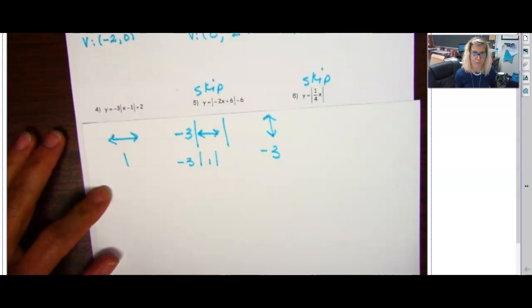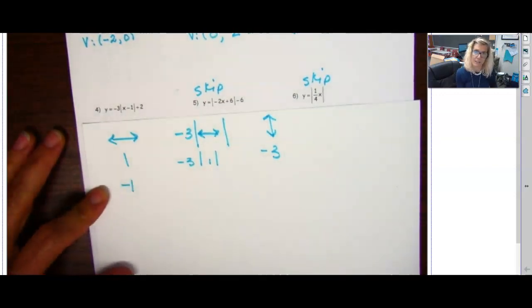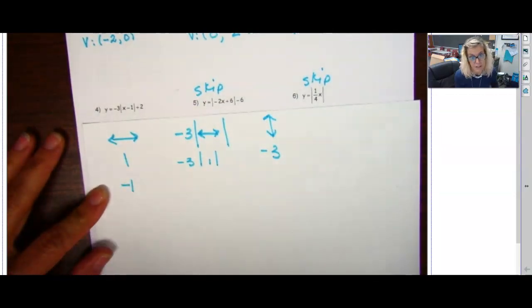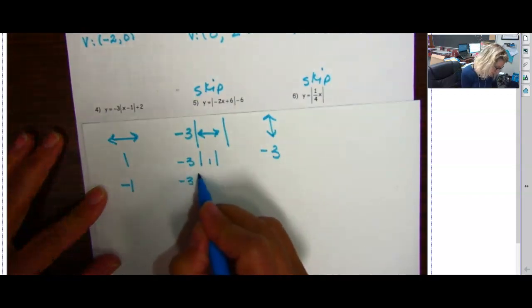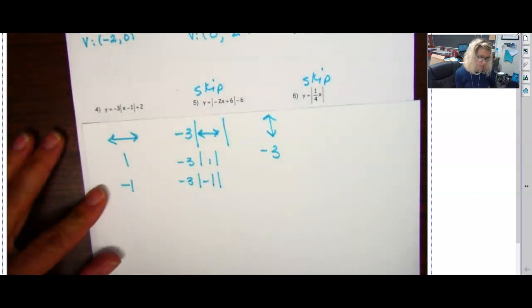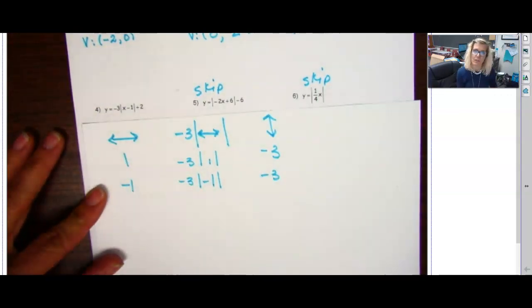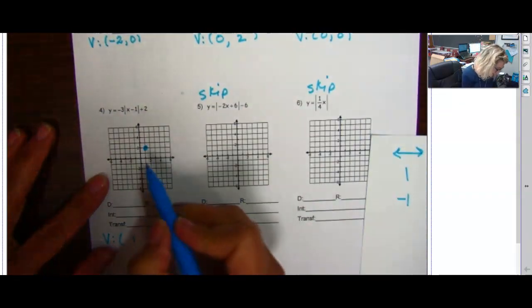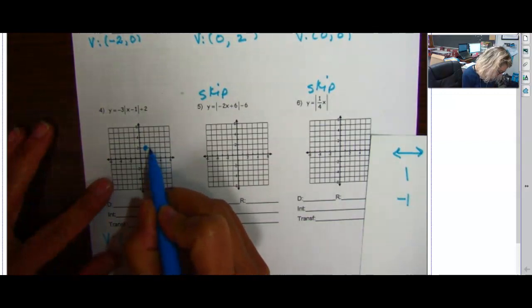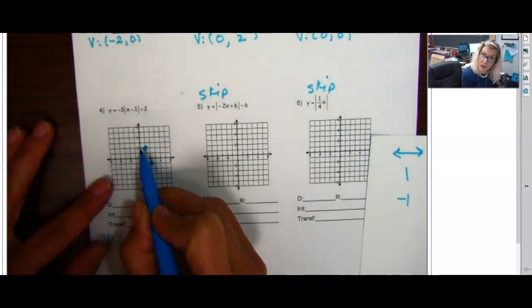Again, back from the vertex, if I go one place in the negative direction, one place to the left, it's going to be -3 times the absolute value of -1, which of course is still -3 when you do that math. So from our vertex, we are going to go over 1, down 3, over 1 to the opposite side, left, down 3.